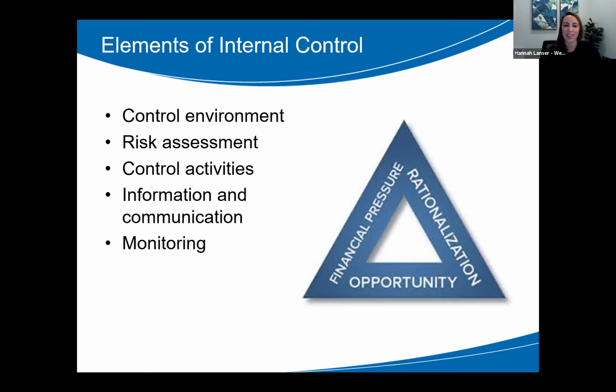So, following up on things and having check-in points to make sure that controls are still operating effectively. Some people think audit time is when that gets evaluated, but in reality, that should happen inside your organization, with a list of the controls and somebody in charge of checking on those and making sure they're still happening.